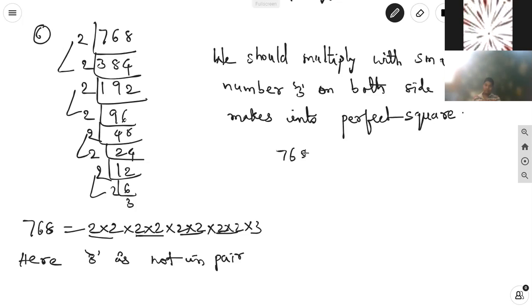So 768 into 3 equal to 2 into 2 into 2 into 2 into 2 into 2 into 2 into 2 into 3 into 3.